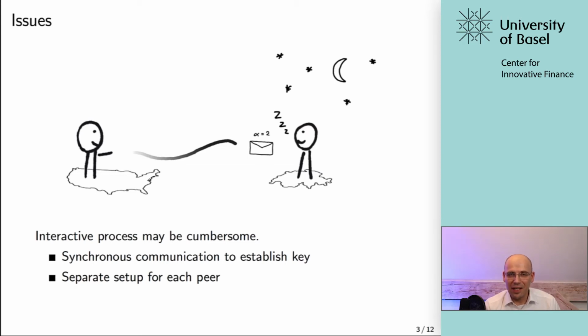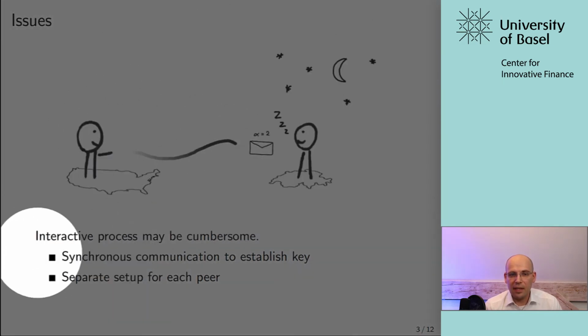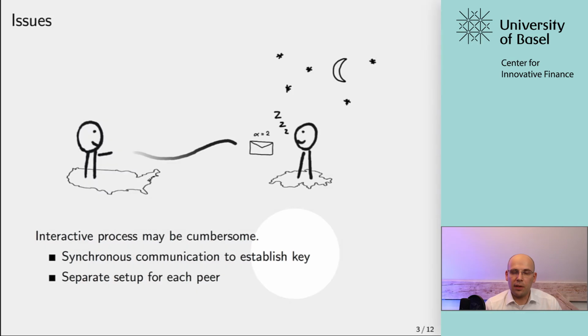That's quite an issue in some cases, but more importantly, and that's where I'm going with this image right here, the communication must be synchronous. So you have this process where you need to exchange some information in the beginning, where you have to respond to some of the things the other party does in a somewhat synchronous way. And this isn't always going to work.